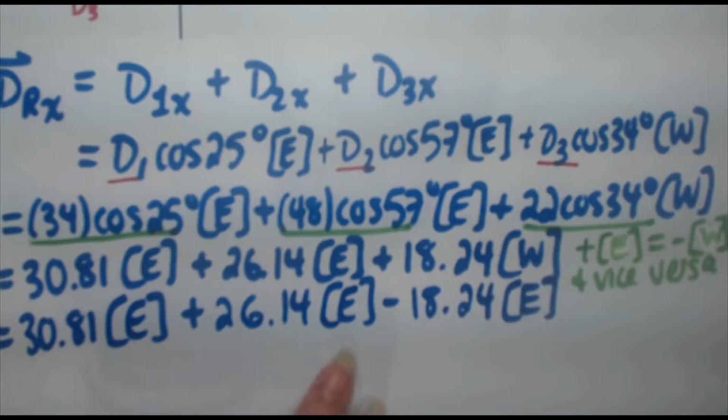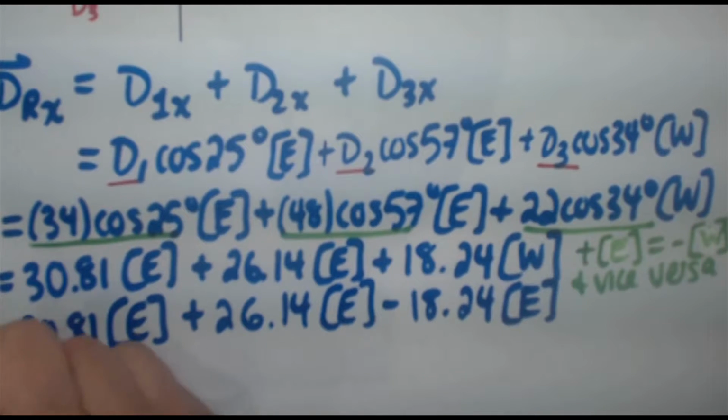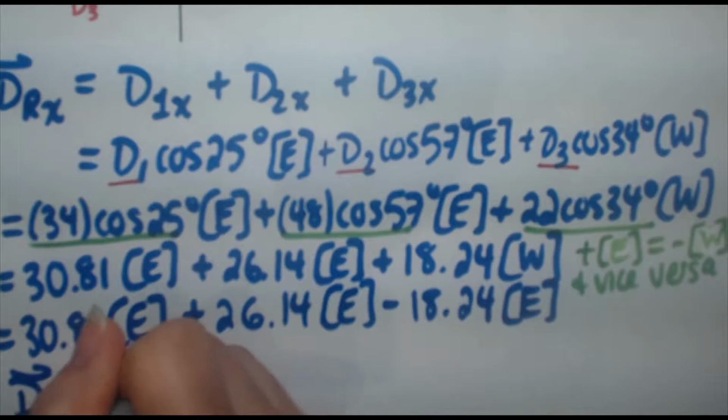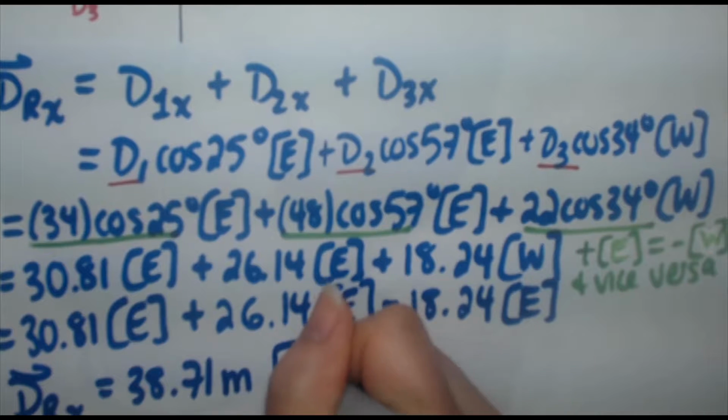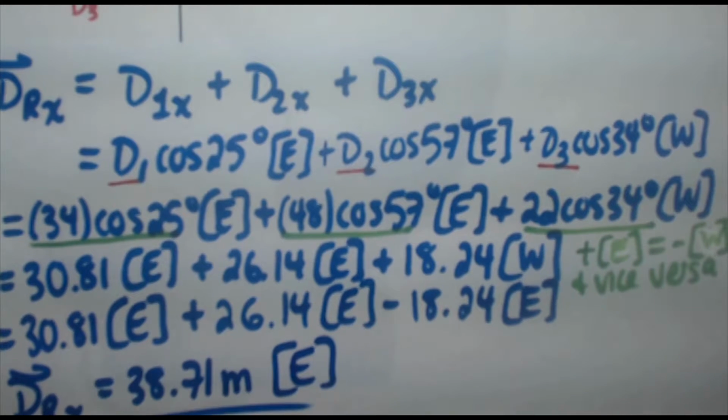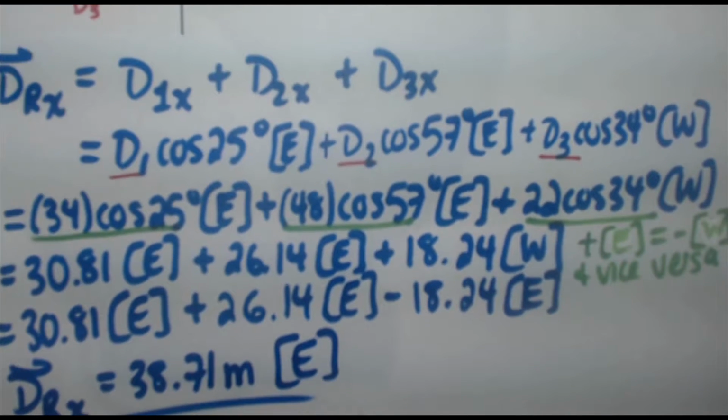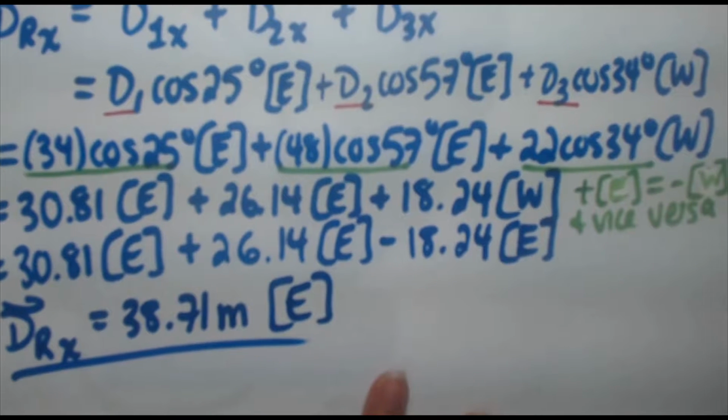Okay, so now everything's in the same direction, so we may treat this now as a linear problem. So all we need to do is 30.81 plus 26.14 minus 18.24. And when you do that, you're going to get a resultant drx of 38.71 meters east. So there's our x direction for the resultant.